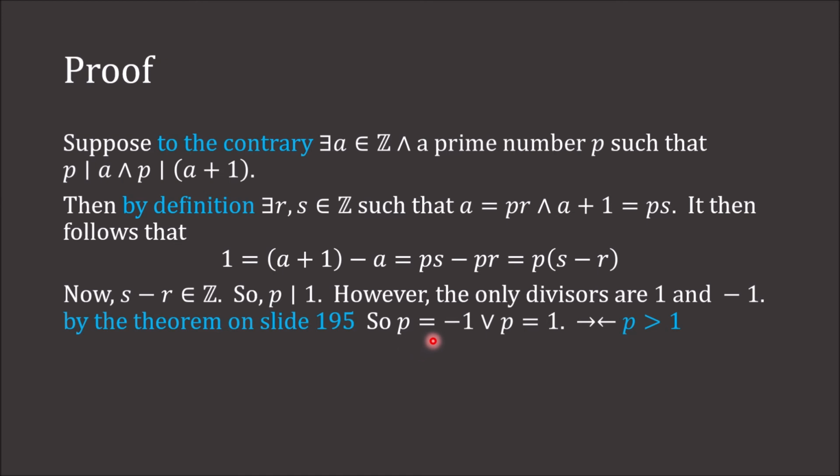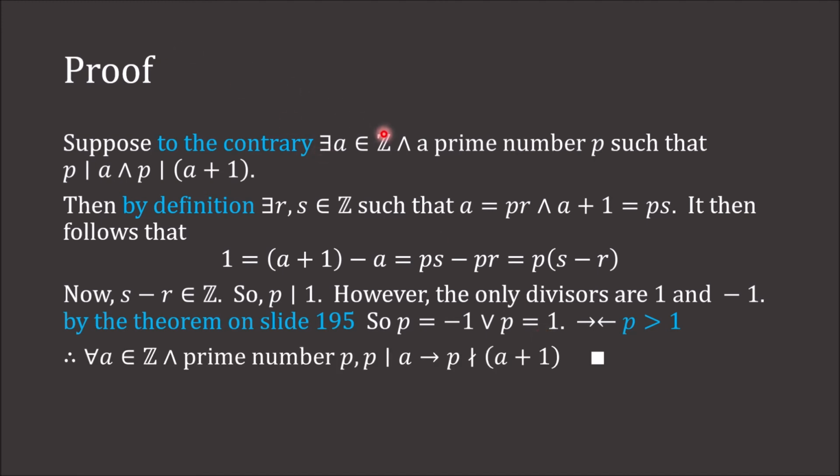So p is equal to negative 1, or p is equal to 1. But this contradicts the fact that prime numbers are larger than 1. So this supposition is incorrect, and we have that for all integers a and all prime numbers p, if p divides a, then p does not divide a plus 1.